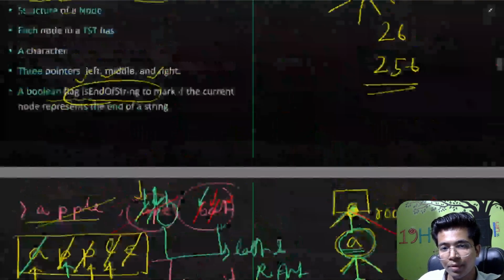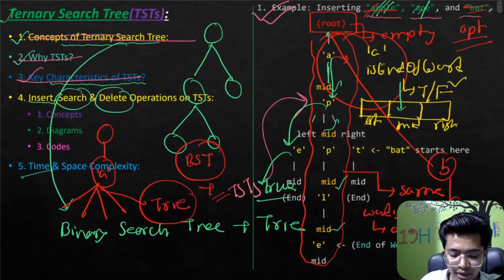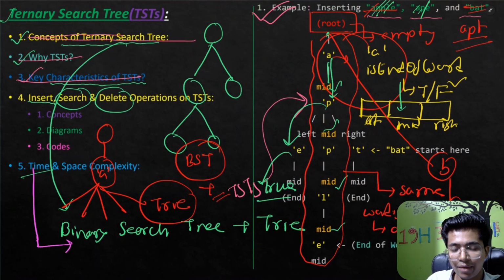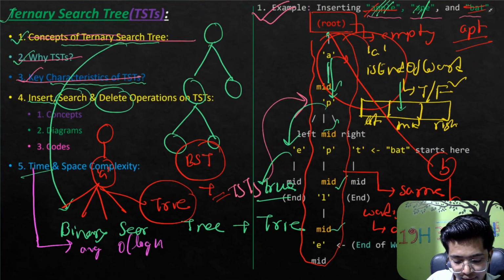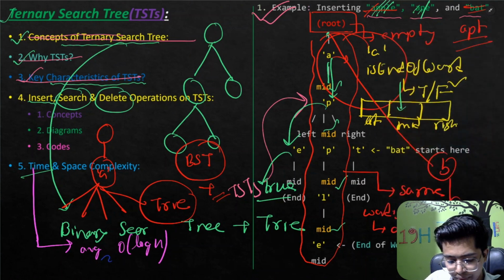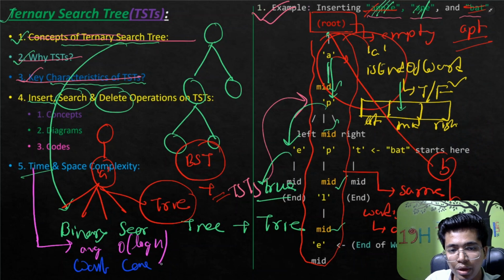Now we are ending this video here. We have discussed all the important factors, the time and space complexity also. Mainly in the average case, the time complexity is big O of log n, and in the worst case, it comes up to big O of n.